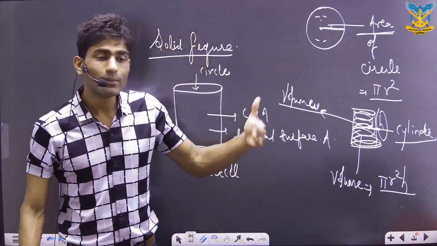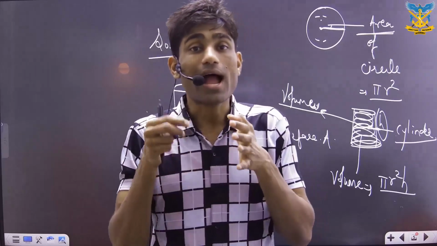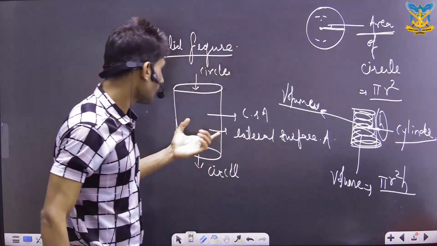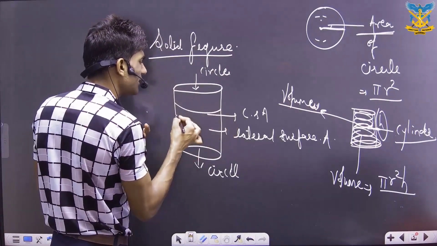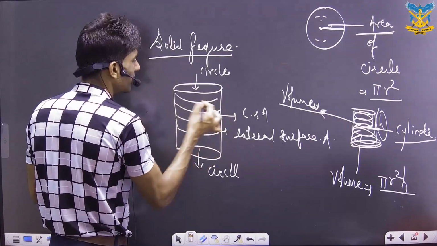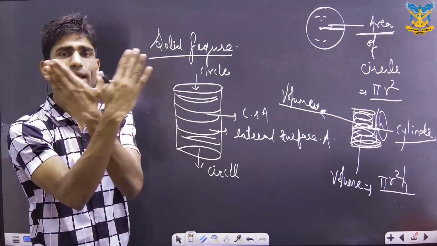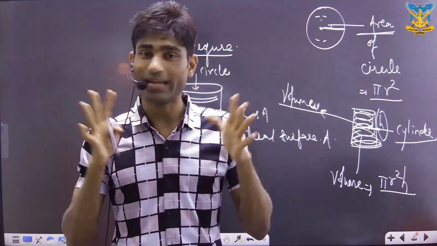The remaining ones, curved surface area, total surface area and lateral surface area, I'm going to explain to you now. We can write curved surface area and lateral surface area here. This one is only the curved surface area, the rounded part. Only the rounded part has the curved or lateral surface area.